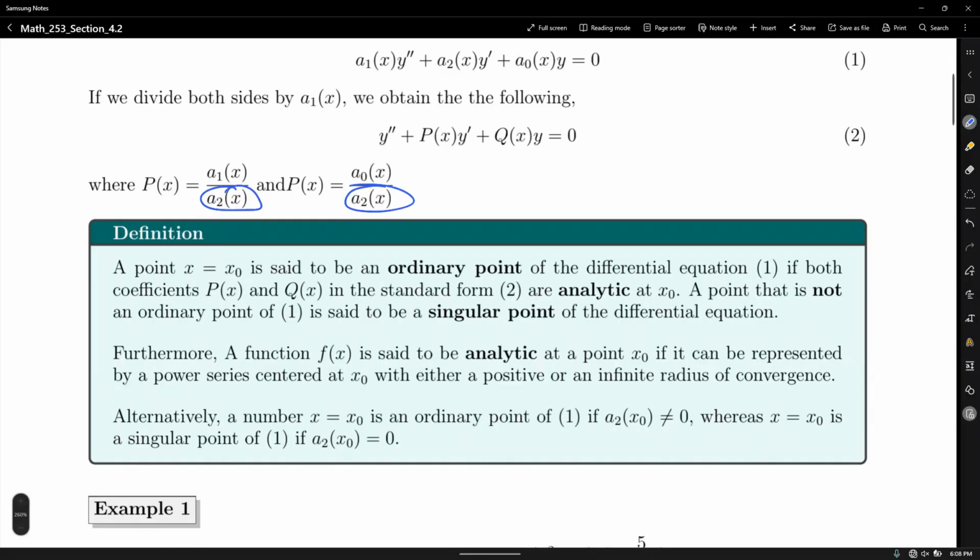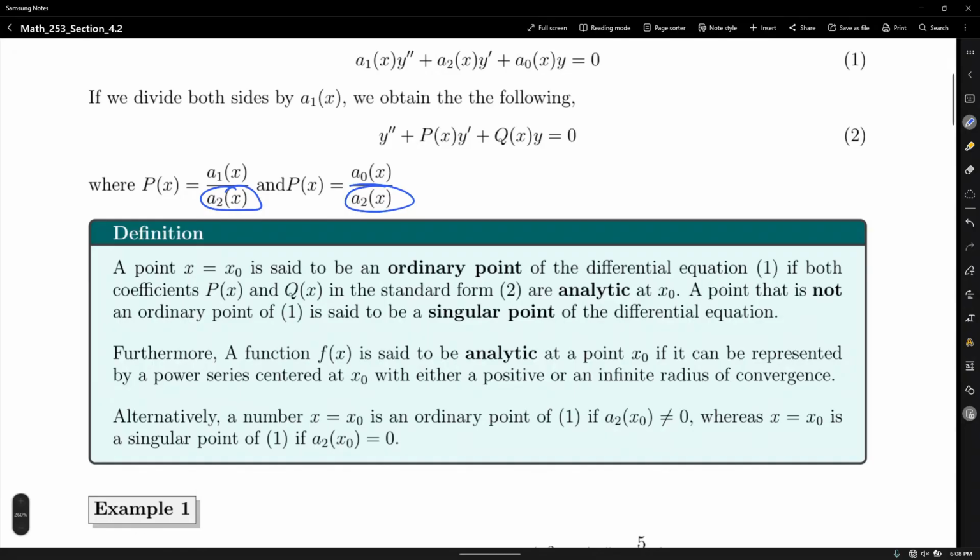A function is said to be analytic at x naught if it can be represented by a power series centered at that point x naught with either a positive or an infinite radius of convergence.